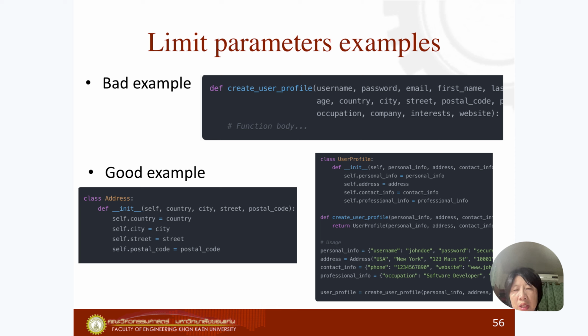But for the good example, even though we want to have a lot of information passed inside the function, we can group those parameters into a class, so that we can group each related parameters together, and that will make us to understand the code more easily.